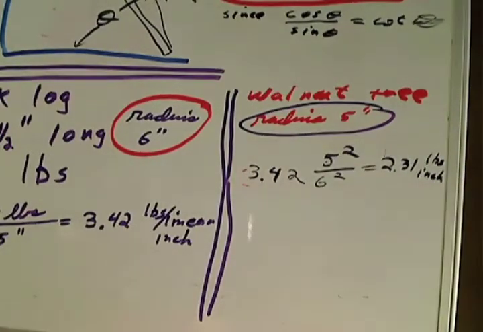So 3.42 times 5 squared divided by 6 squared gives us 2.3 pounds per inch. So the tree I'm trying to pull down is 2.3 pounds per inch.